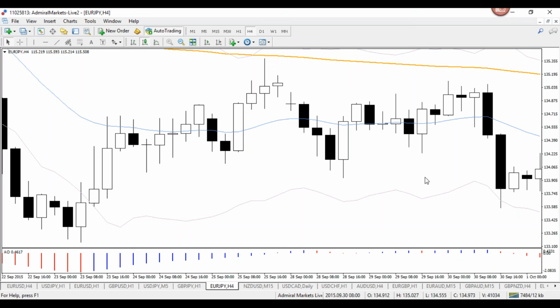Not necessarily any trade that I would take, but from this point of view we're in a neutral kind of territory, because we do see some bearishness on the left, but also bullish, bearish, bullish.